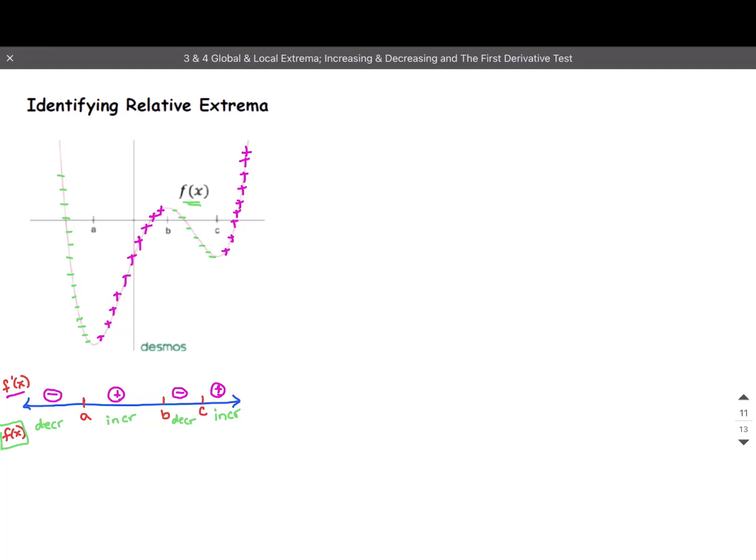We can say that this graph, f of x, is increasing for a ≤ x ≤ b and x ≥ c, since f prime of x is greater than or equal to 0.